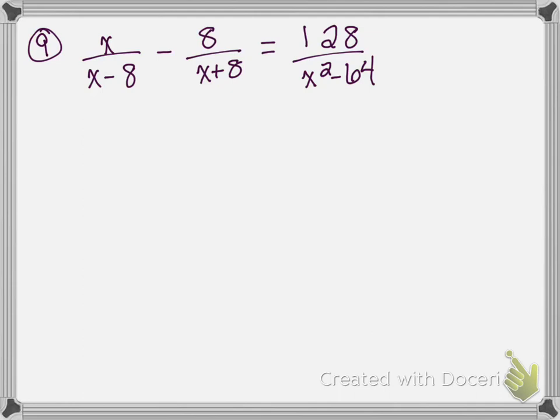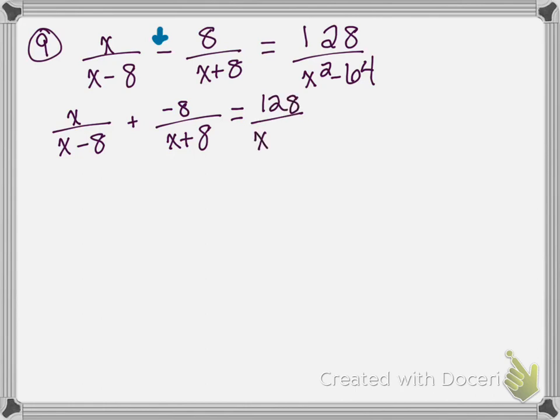Okay, so we are going to factor that x squared minus 64. So I'm going to have x over x minus 8 plus negative 8. Do you see how I moved that to the numerator? I moved this negative and I put it in the numerator so that I wouldn't lose it. Equals 128 over x plus 8, x minus 8.